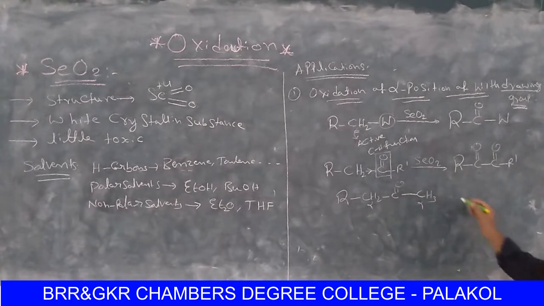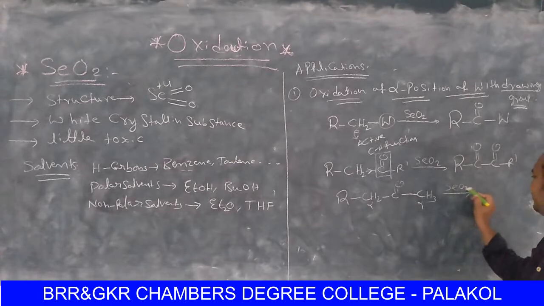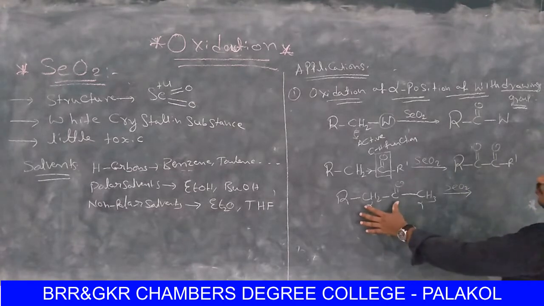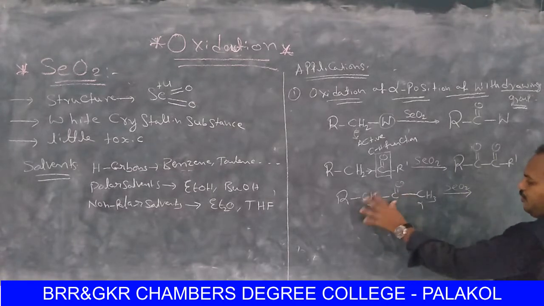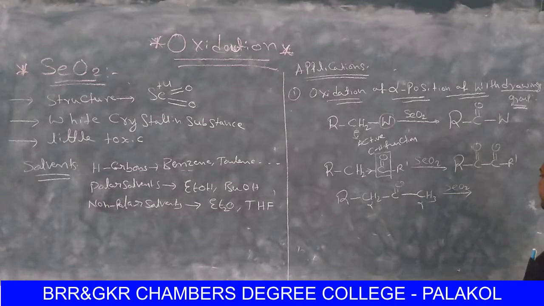With SeO2, oxidation takes place only at one of the two CH functional groups. I just want to write two products to make you understand.